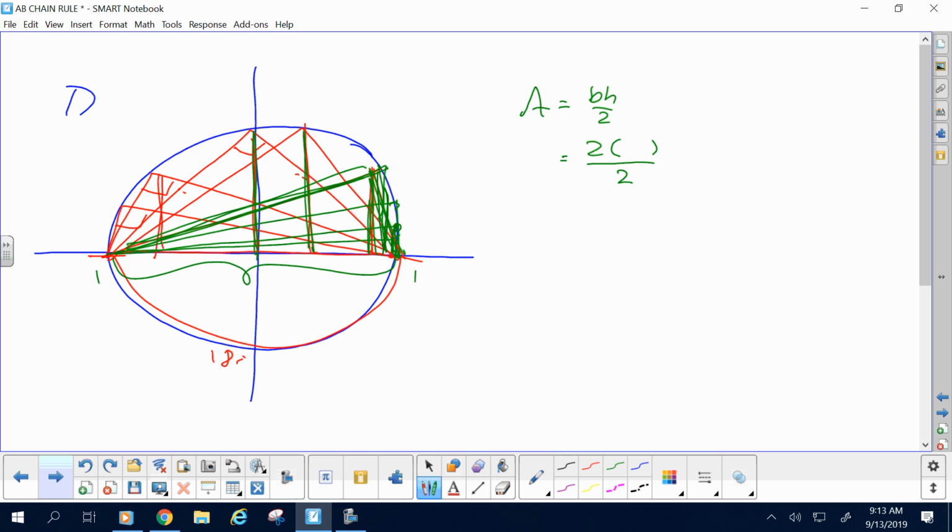At this point, y is 0.3, and y is 0.8, and y is 1. So the height is always 1. In that case, the area is exactly equal to 1.